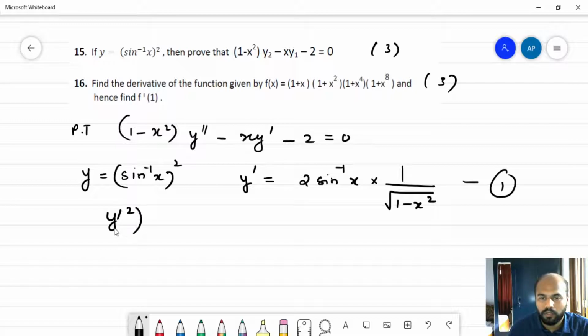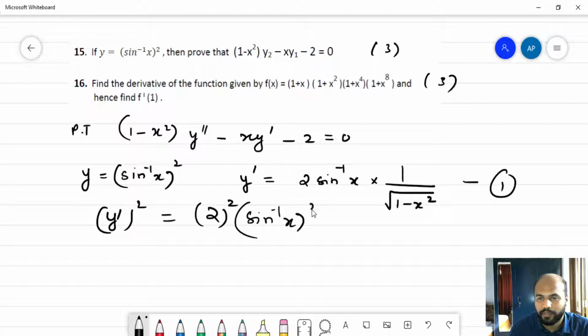So now whatever we have got over here in this equation, we'll just square it up. So all that we have is y dash square. Let's write it this way, y dash square is equal to 2 square sine inverse x the whole square into 1 by 1 minus x square. That's what we have. So we know that this sine inverse x square can be written as y square.